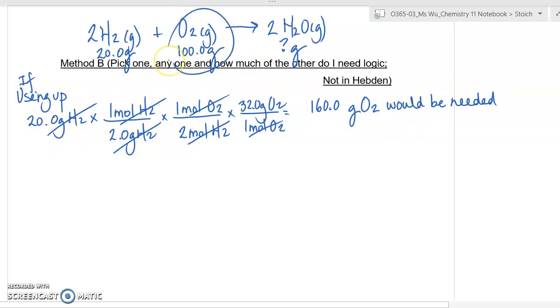Wait, we don't have 160 grams. We only have 100 grams. That's more than what we have. So what does that mean? That means, therefore, we don't have enough. Oxygen is our limiting reactant.